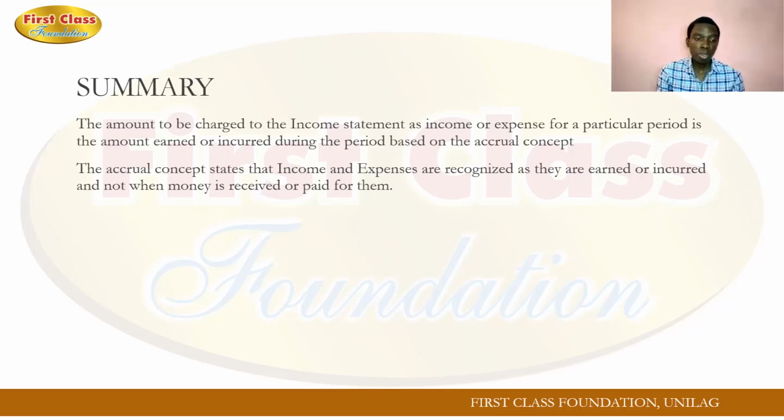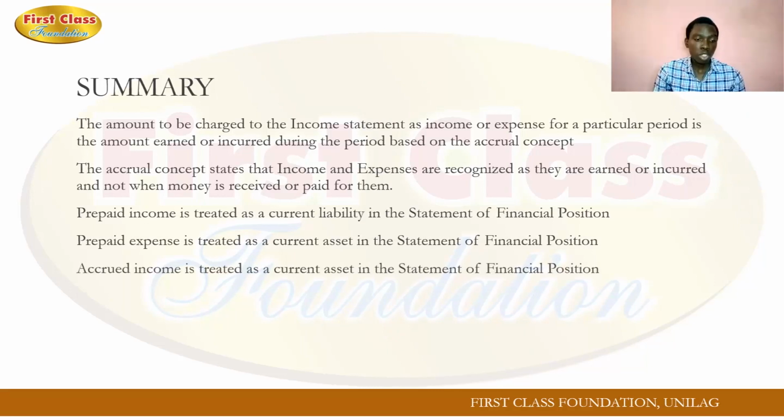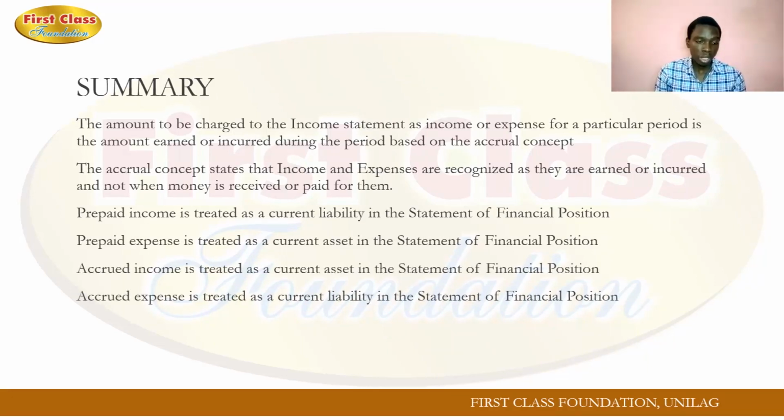I'm just doing a recap of what we discussed so far. Prepaid income is treated as a current liability, prepaid expense is treated as a current asset, accrued income is treated as a current asset, and accrued expense is treated as a current liability in the statement of financial position.